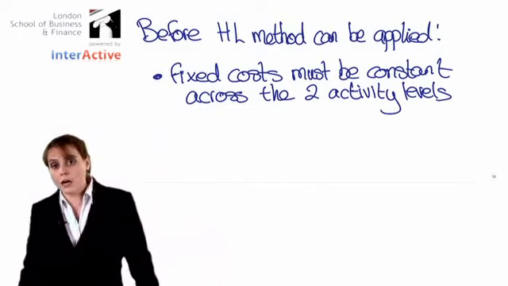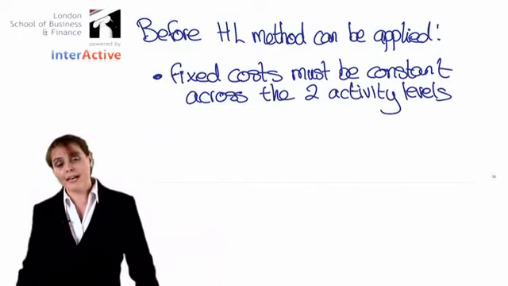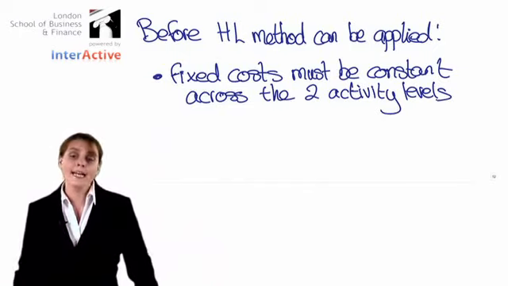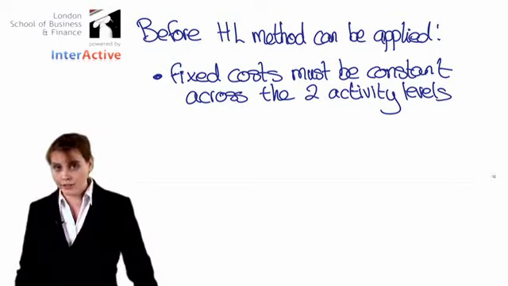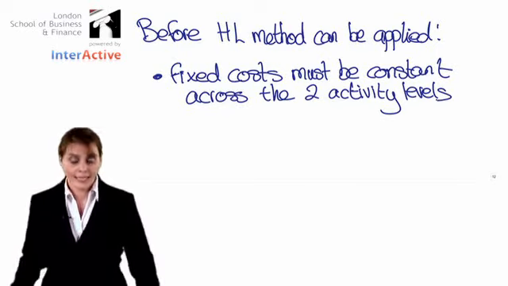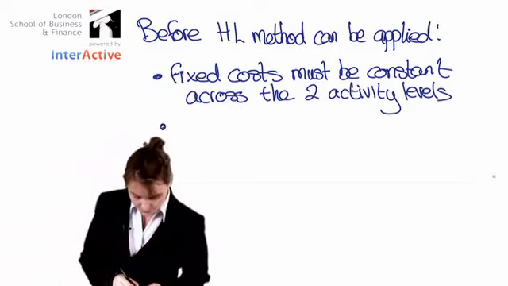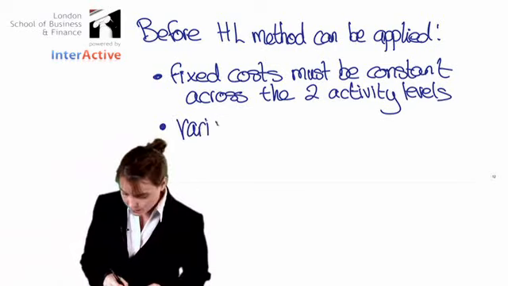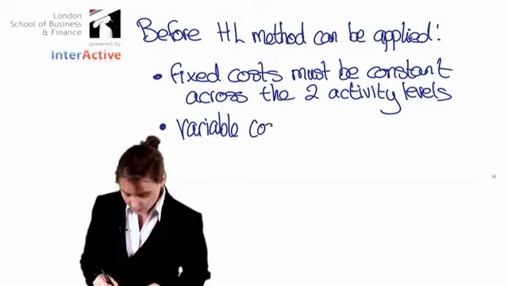Meaning the fixed costs need to be the same at the high level of activity as they are at the low level of activity. In addition to that, the variable cost per unit must be constant.